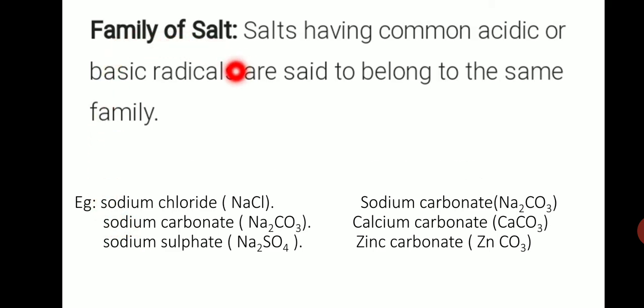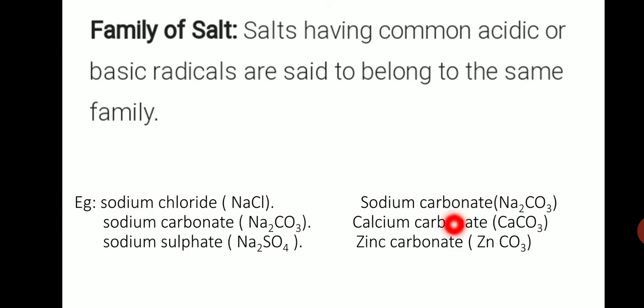What is a family of salt? The salts having the same positive ions or the same negative ions. This is known as a family of salts. In these examples, all the positive ions are the same. It is sodium. So we can call this group salts of sodium or sodium salts.